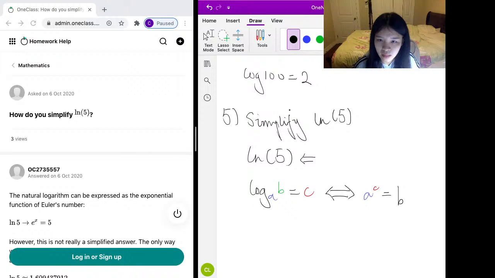And we know ln 5 is the equivalent of log e, a log function with a base e.